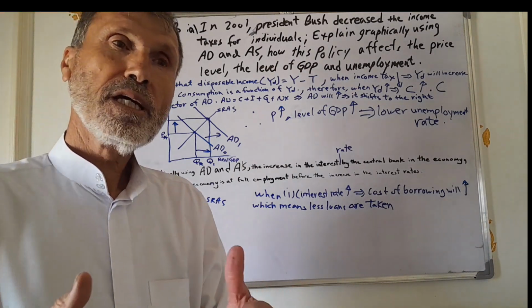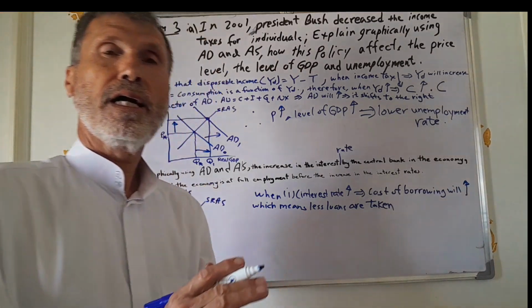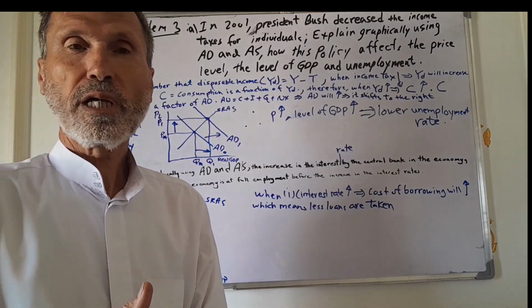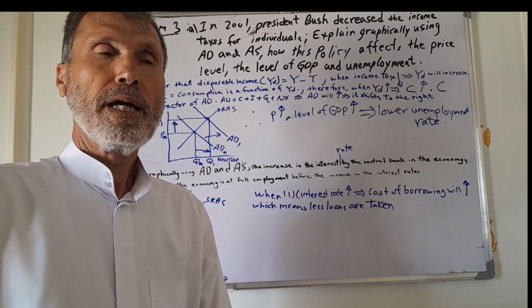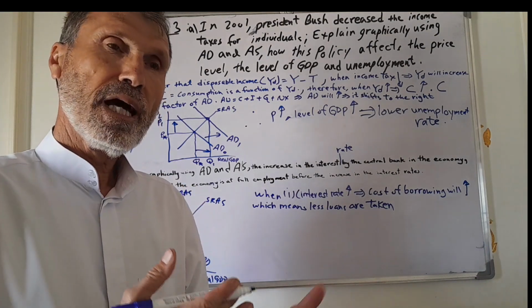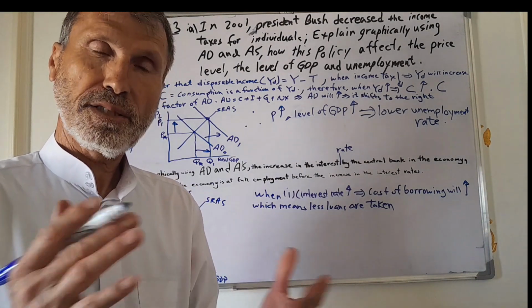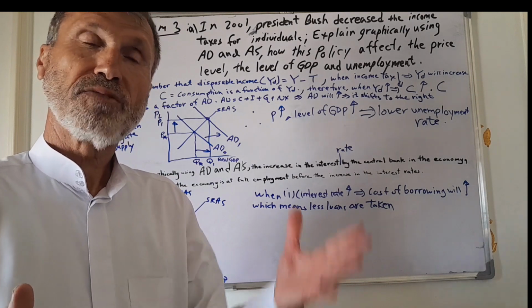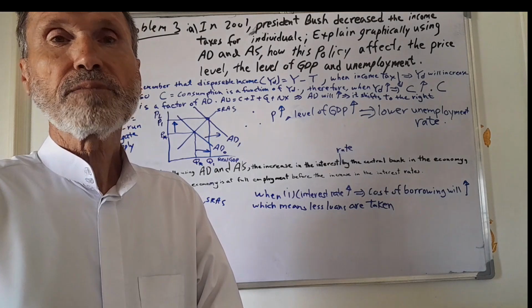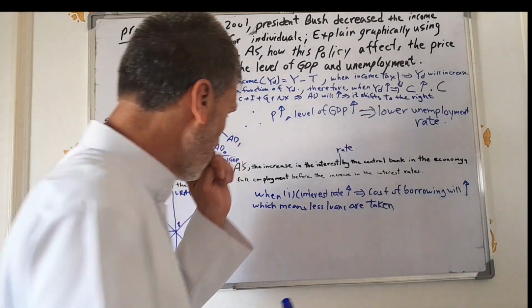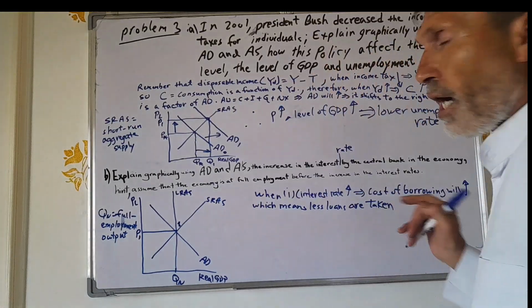The same thing applies for the firms. Firms, to invest more, have to take loans. And when the cost of getting those loans from banks is very high, their loans will go down, which means their investment goes down. So what we said here is that less loans are taken.